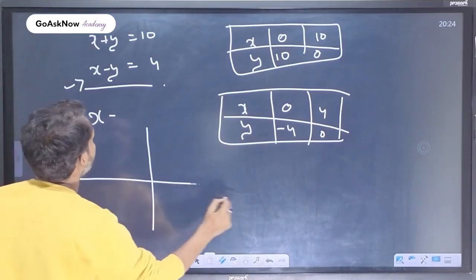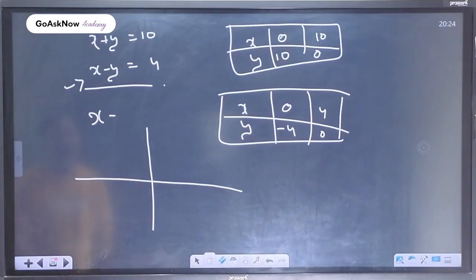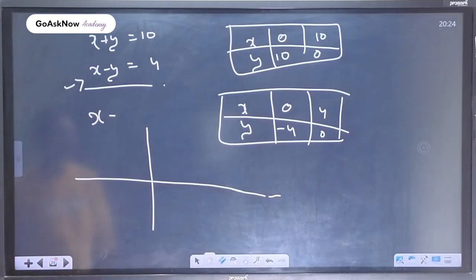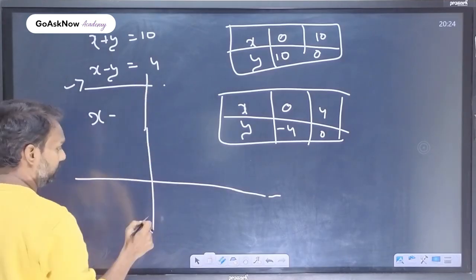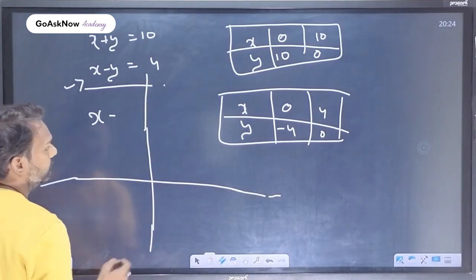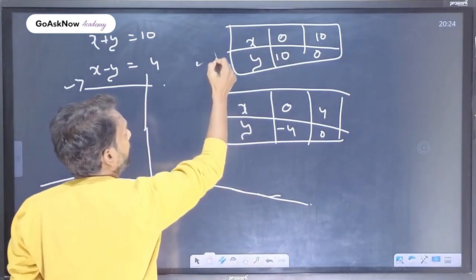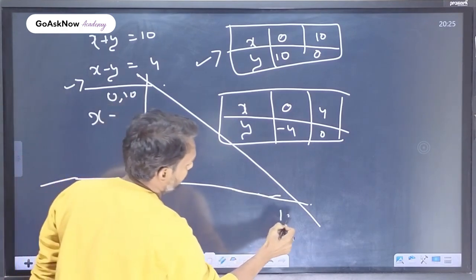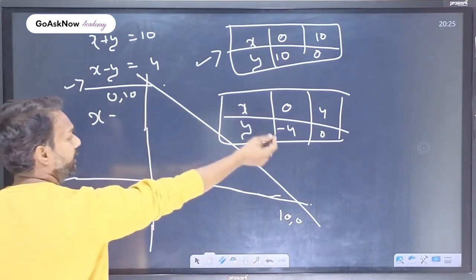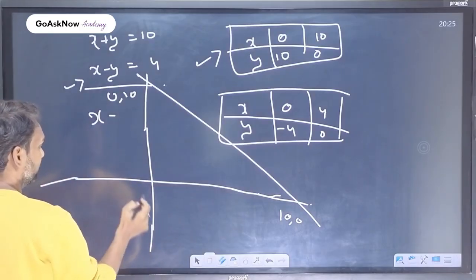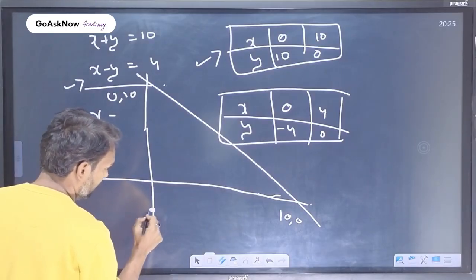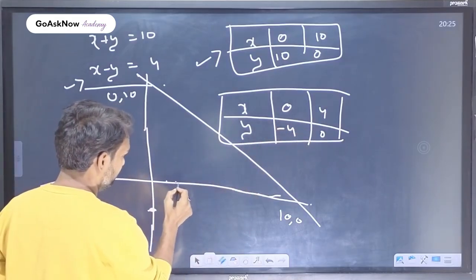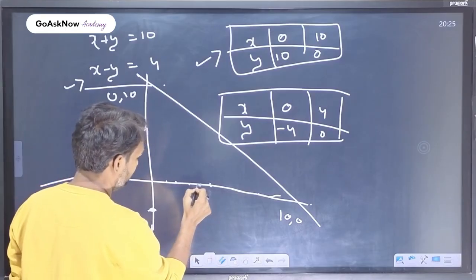Now the graph. This line will go like this, through (0, 10) and (10, 0). And this one through (0, minus 4) and (4, 0).